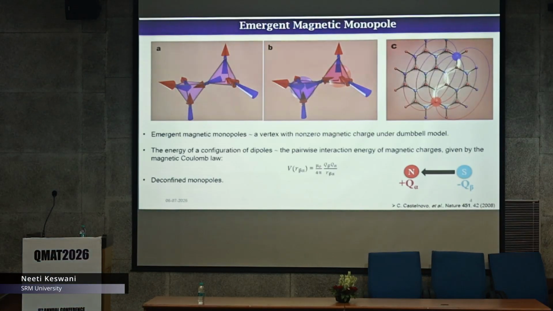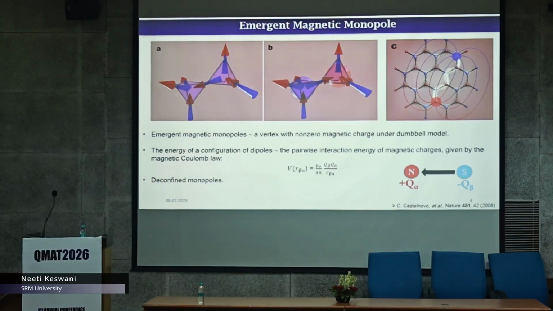In these systems, the emergent magnetic monopole was clearly described. What is this? As I've already told, these are Ising spins. You can see the tetrahedron sharing spins have a 2-in 2-out configuration, and similarly this has 2-in 2-out configuration. What we consider is, if we see this here, the head we consider as a north pole, while the tail we consider as a south pole, which have a plus Q charge and a minus Q charge.